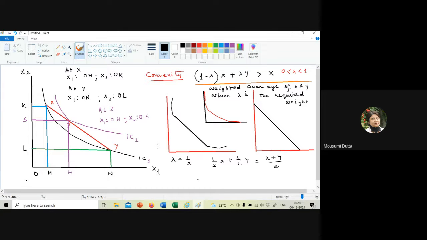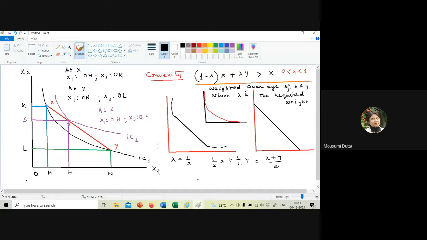Z is lying on IC2, which is to the right of IC1. Indifference curve is a boundary line. Any point to the right will indicate a higher level of satisfaction, and any point to the left will indicate a lower level of satisfaction. Z is lying on a higher indifference curve because Z is to the right of the boundary line IC1.